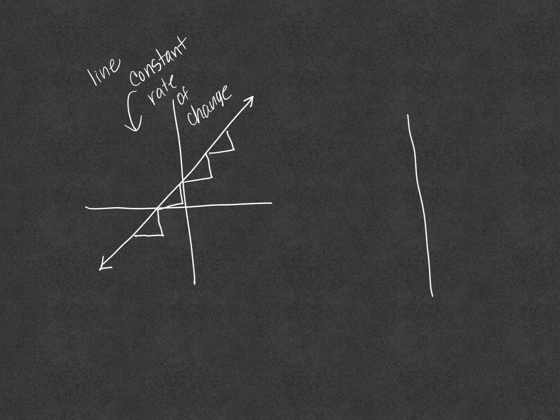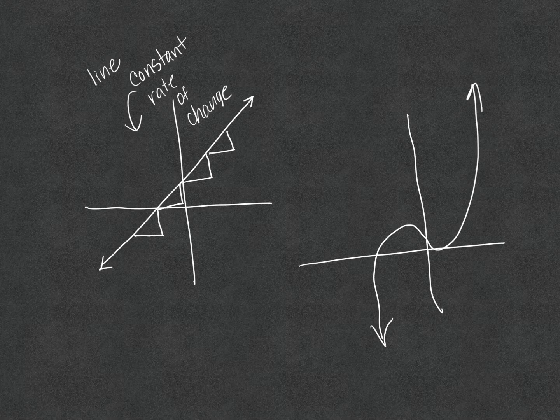But if we look at other graphs, something like this, we can talk about an average rate of change, which is the amount of change it averages, say from here to here. So from this point to this point. You notice that this is not going to be constant. Like this rate of change, this slope, is not always the same.